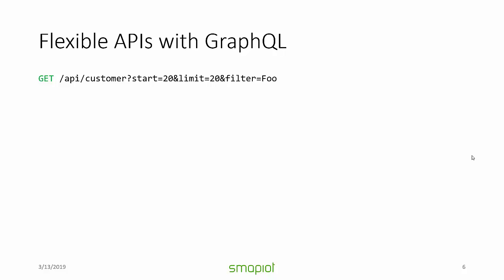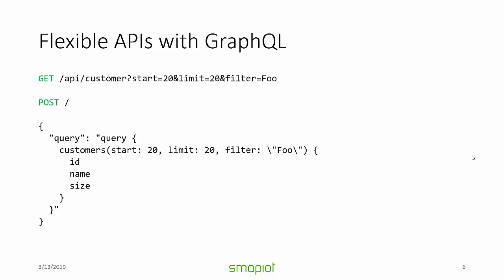Let's see how this call would look like with GraphQL. Instead of getting some resource, we now need to post to some endpoint. This endpoint can be freely chosen. Let's just say it's the root of our service.